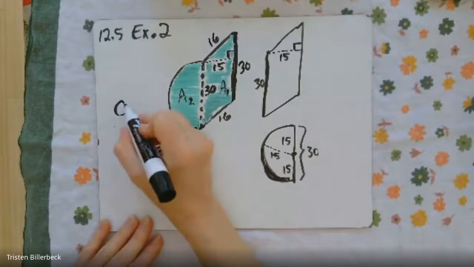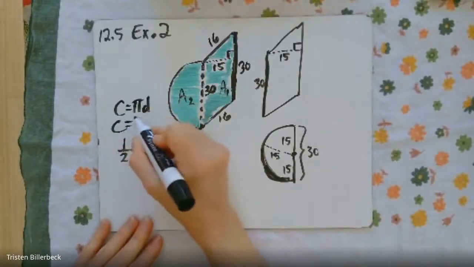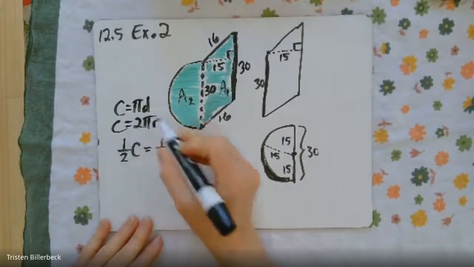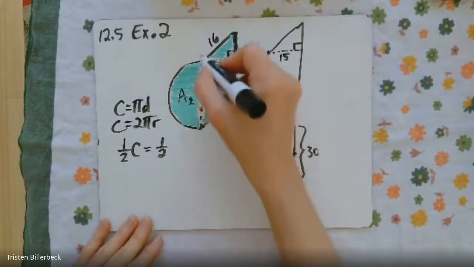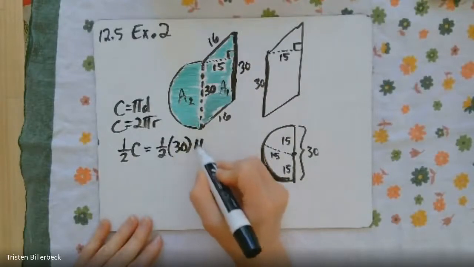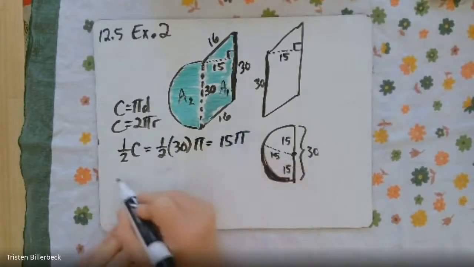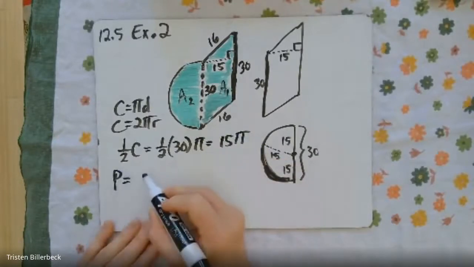The circumference is pi d, or circumference is 2 pi r. But we're given a diameter here of 30. So we have half of 30 pi. So that's 15 pi.